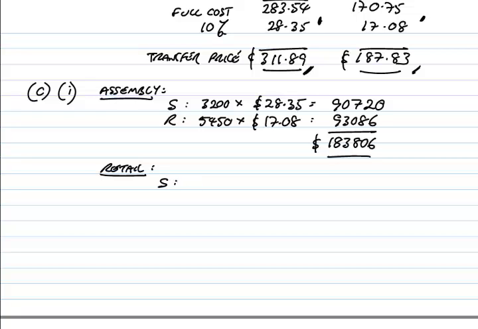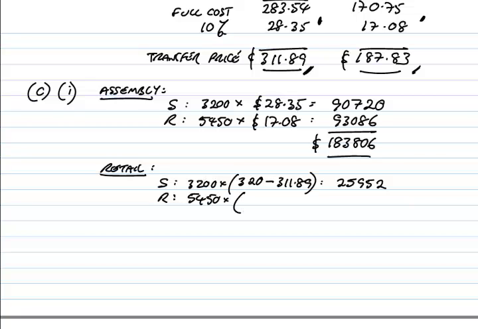So again, S, there'll be 3,200. The selling price is 320. The cost, the transfer price, is 311.89. So they're making a profit of 8.11 per unit, 3,200, 25,952. And similarly R, there are 5,450 units.